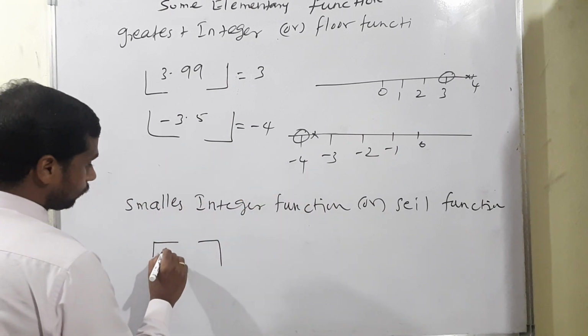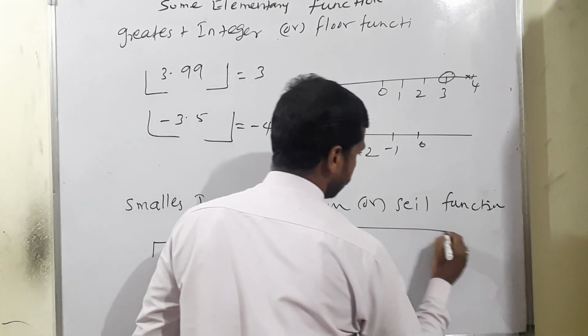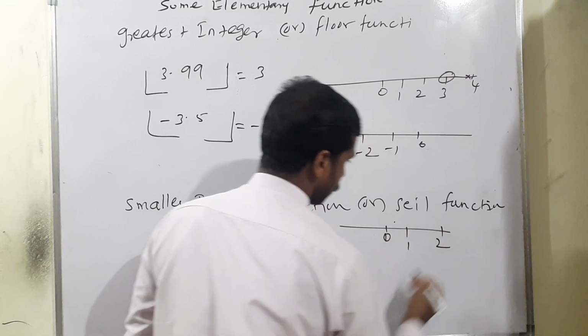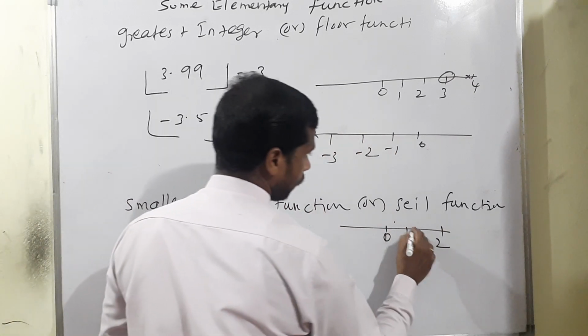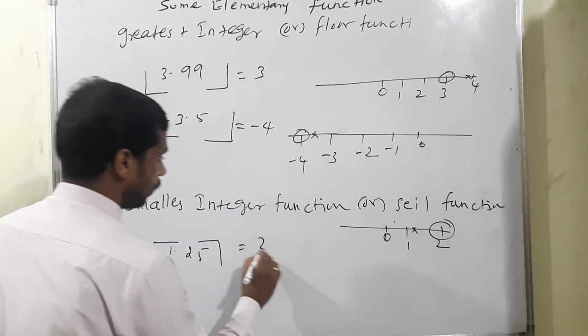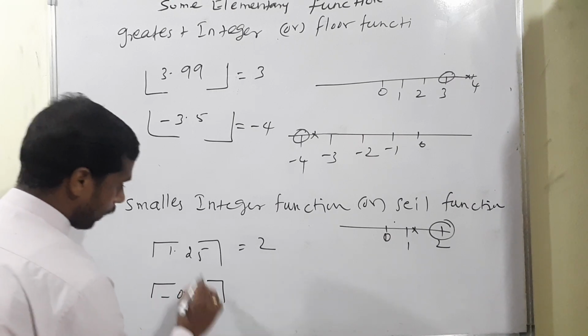For example, 1.25 is there. One number line: 0, 1, 2. The value we have is 1.25. Here the whole number on the right side of the value is 2. At the same time, take a negative value, minus 0.5.